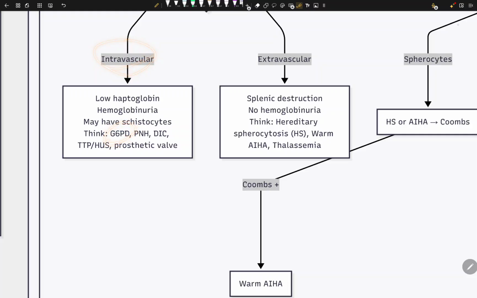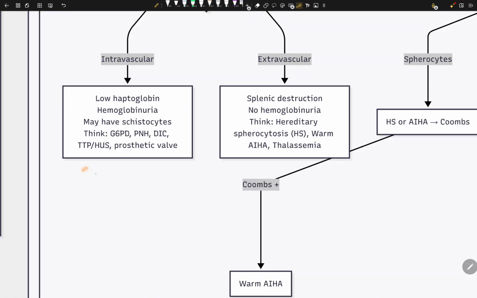G6PD. What is G6PD? G6PD and pyruvate kinase deficiency kind of work together. Hemolysis is happening intravascularly. G6PD is X-linked, first of all, so it is mostly seen in men, but can be seen in women if we have skewed X inactivation. I just remember that, and yes, I memorized that.